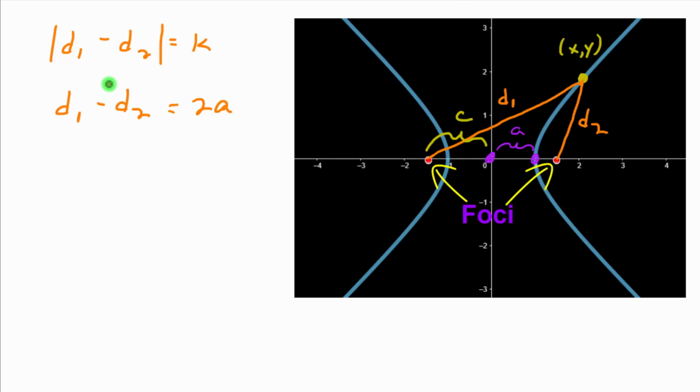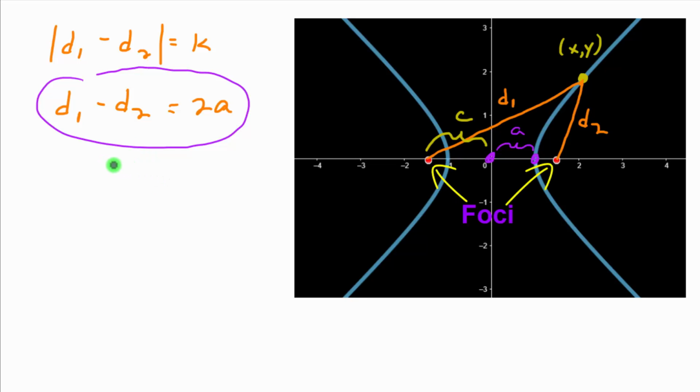And you can actually use the distance formula to find D1 and D2, manipulate it algebraically, and you can use that to get the standard form of a hyperbola that opens horizontally.